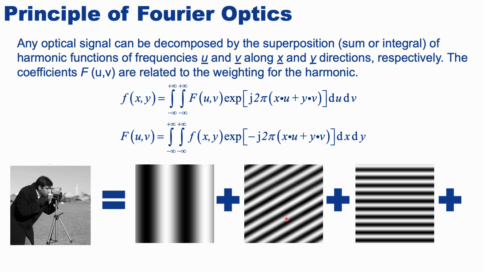In other words, any signal can be decomposed as plane waves, tilted plane waves, when we change the period and also the angle. And that means that in Fourier optics, our plane waves, and again, can be tilted plane waves, are our eigenfunctions.